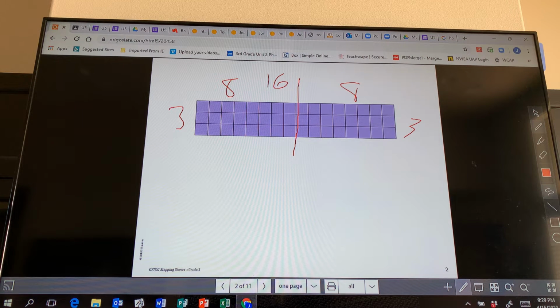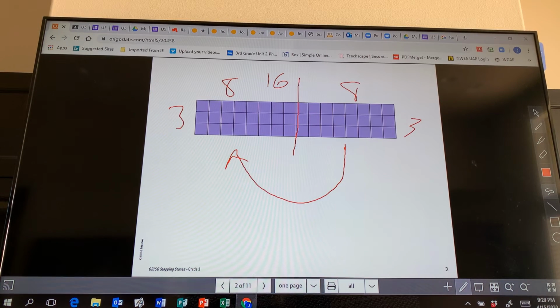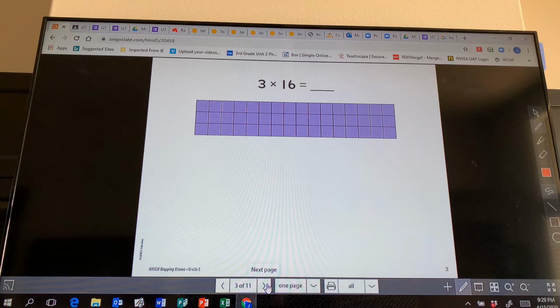So basically what they're going to do is take this side right here and put it below the other side, okay? So you can see in this second slide right here, the multiplication problem originally was 3 times 16, all right?